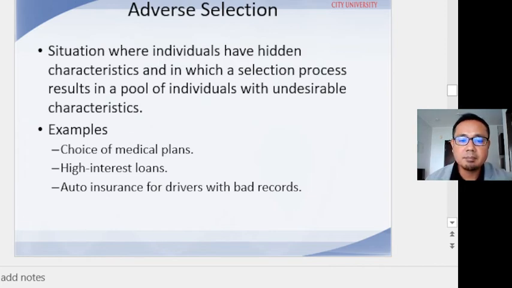So past accidents by bad drivers are a result of their driving habits and are a good indicator of the expected number of future accidents. Past accidents by good drivers, on the other hand, are not a good indicator of the expected number of future accidents. They merely reflect an unusual string of bad luck. So this is our example in insurance for drivers, and medical plans.